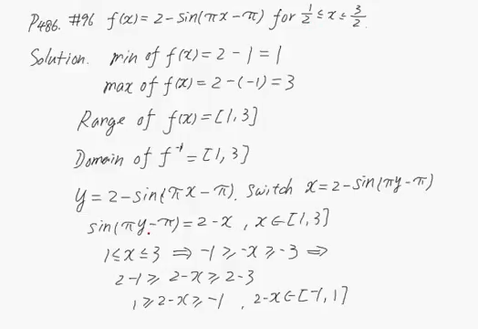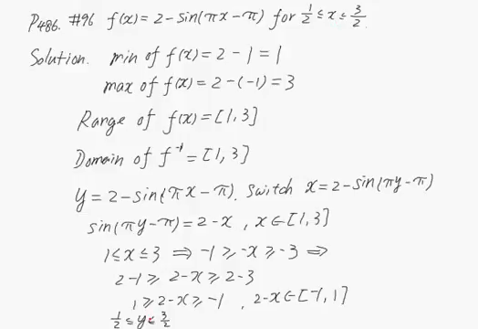Then for the inverse, the range is also equal to the domain of the original, which is from 1/2 to 3/2. So we know the y here must be between 1/2 and 3/2, because the range of the inverse function is equal to the domain of the original function, right?